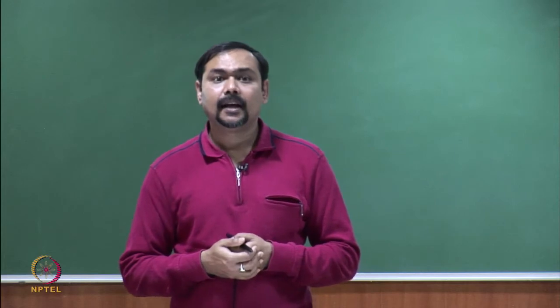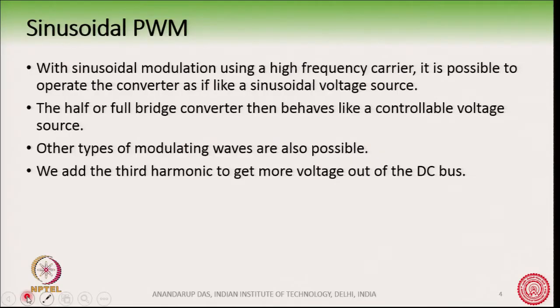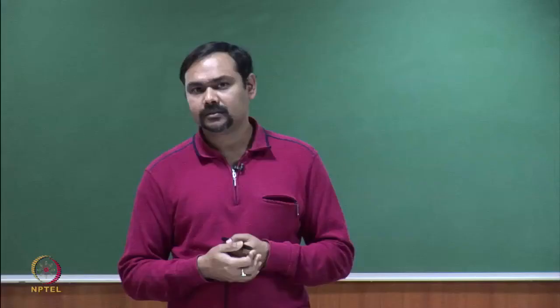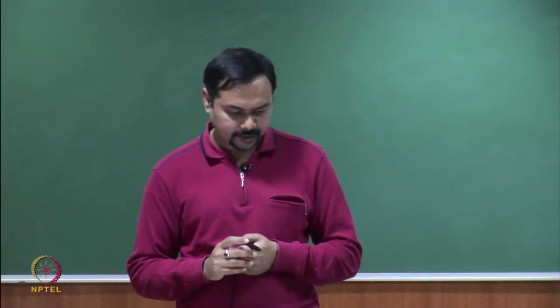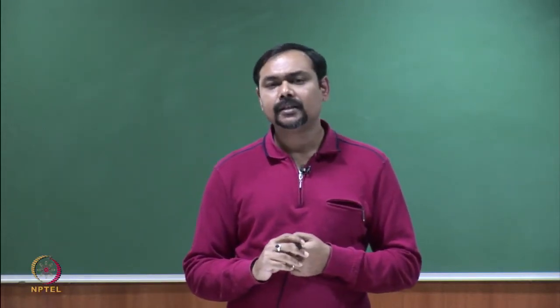We add a third harmonic along with the fundamental. And why do we add the third harmonic? Because we would like to get more AC voltage out of the DC bus. So, that is the reason why we added the third harmonic. And how much do we get?